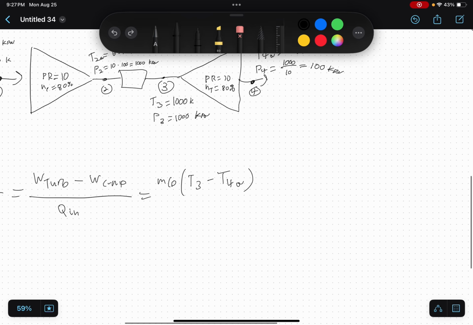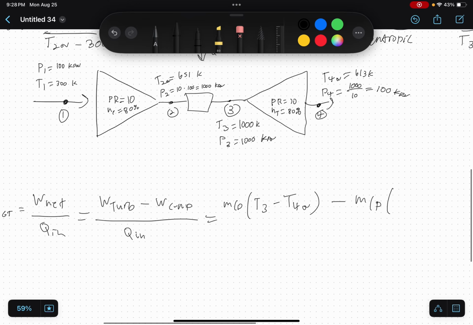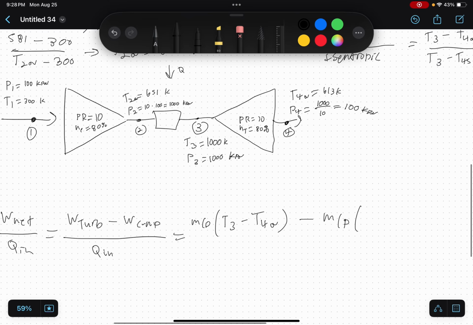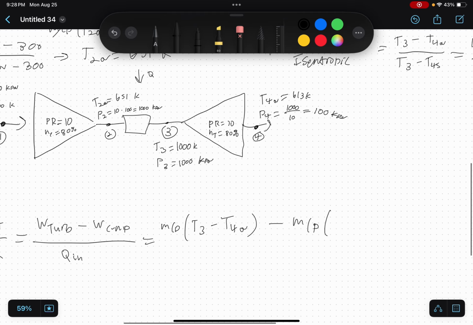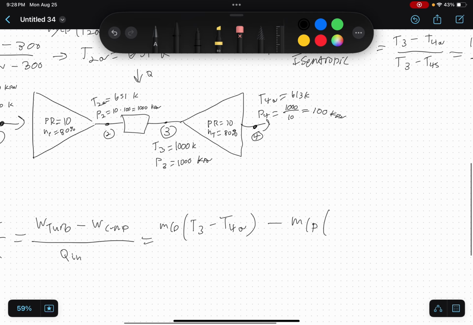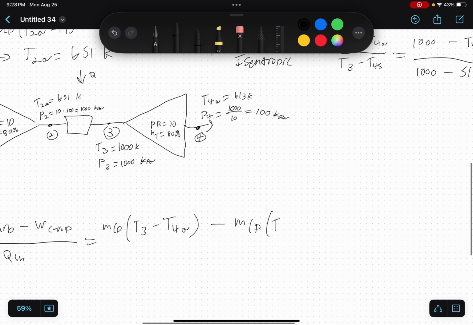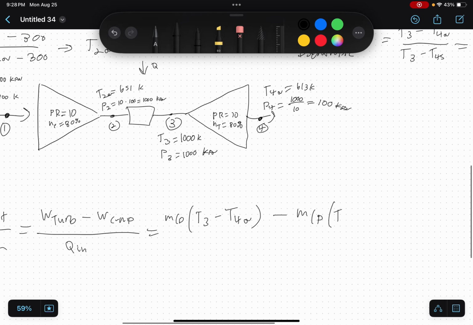All right. So that's W turbine minus Cp, W compressor, which is T1 minus T2. I want this whole number to be positive, so I want T2 minus T1. I want all these terms to be positive.